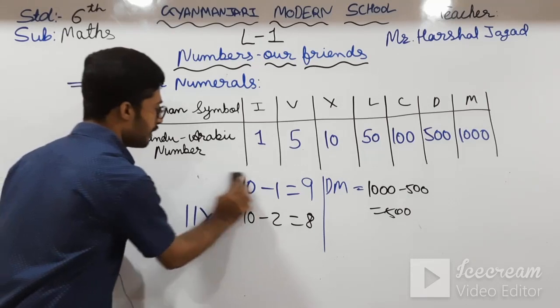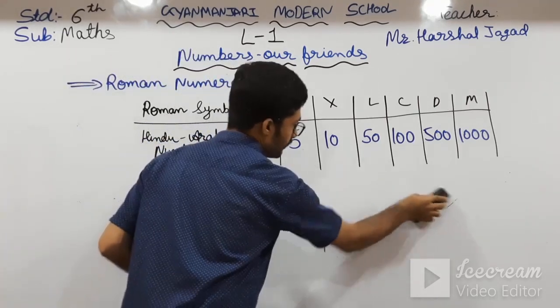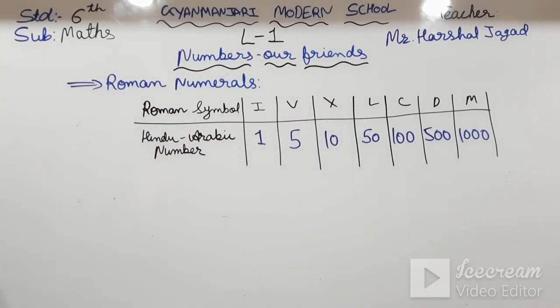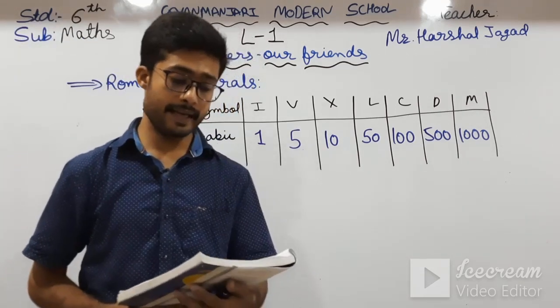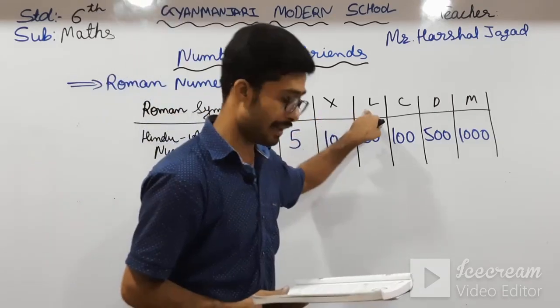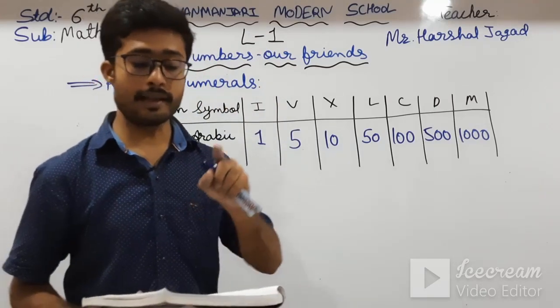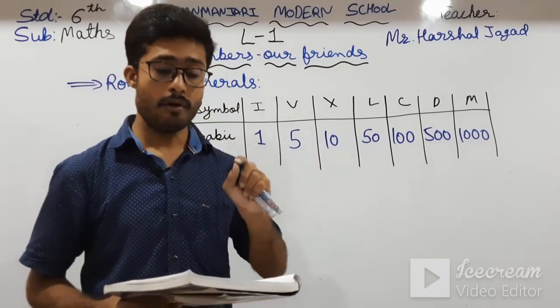Rule number 6. Here in rule number 6a, the symbols V, L, D are never written to the left of a symbol of greater value.